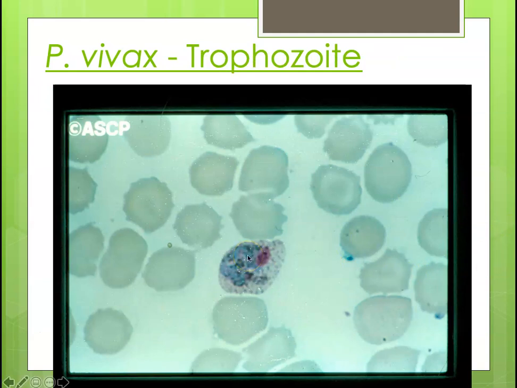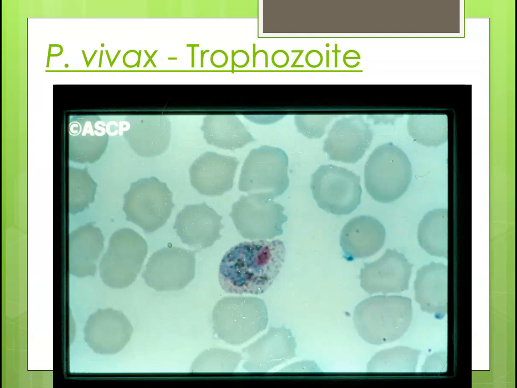This is a mature troph. It's got a rather large chromatin dot, and this is an amoeboid form of the cytoplasm for the trophozoite, where it just takes on this amoeboid shape. So you'll see that description, amoeboid troph.